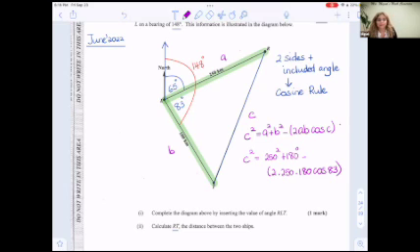All right. Anybody with an answer? C squared is how much? What is the answer?